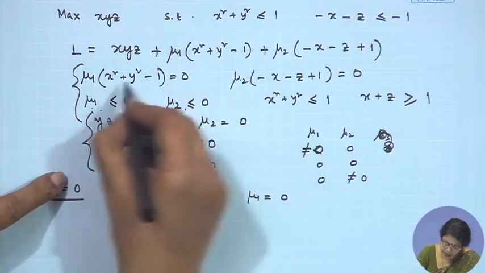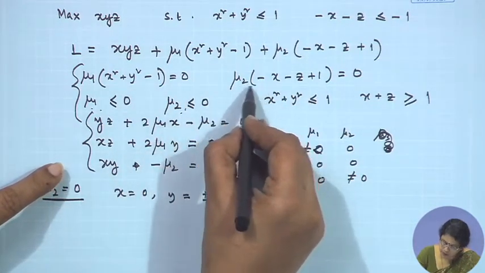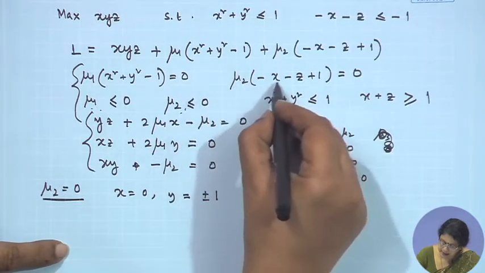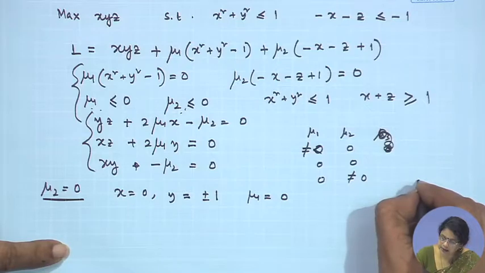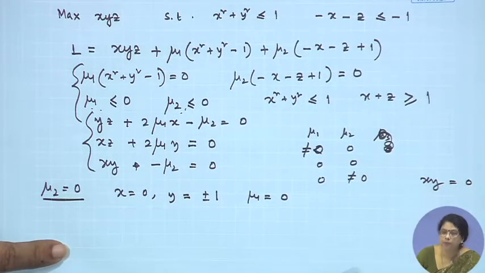If mu 2 equal to 0, then either x equal to 0 or y equal to 0.